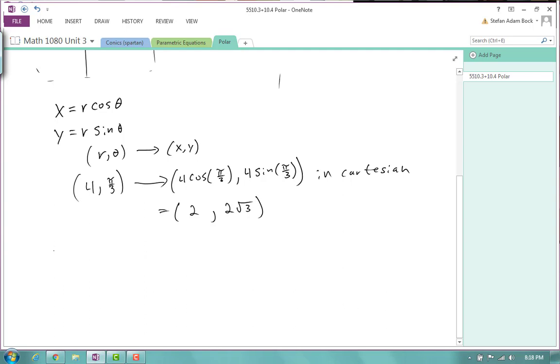If I have x squared plus y squared, that's equal to r squared cosine squared theta plus r squared sine squared of theta, which is r squared times cosine squared theta plus sine squared theta, but that's an identity and that's equal to 1.